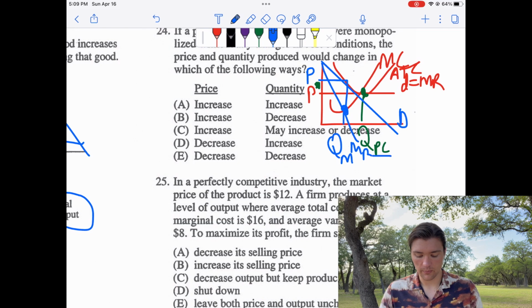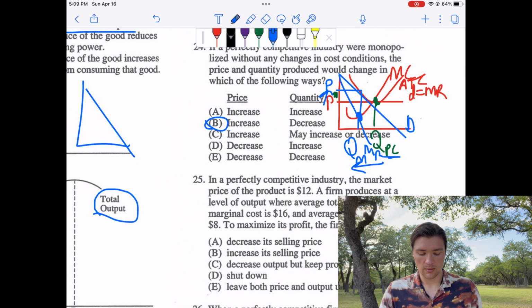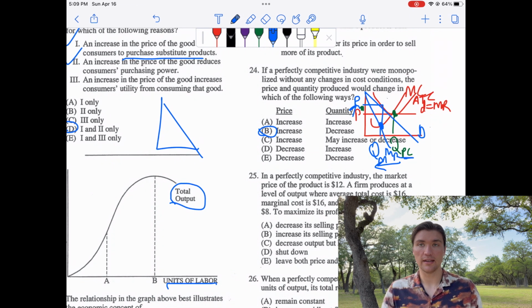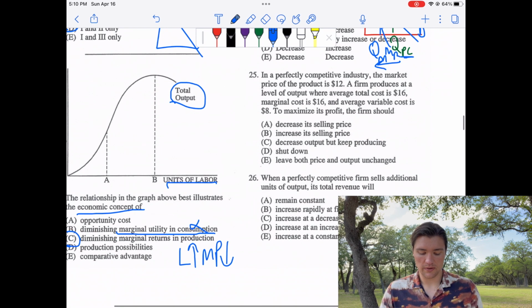My quantity went from the green to the blue. It went down. And what happened to price? It went from red to blue. So my price goes up. Therefore, because it's a monopoly, you will be increasing the price and decreasing the quantity. So 24 is B.